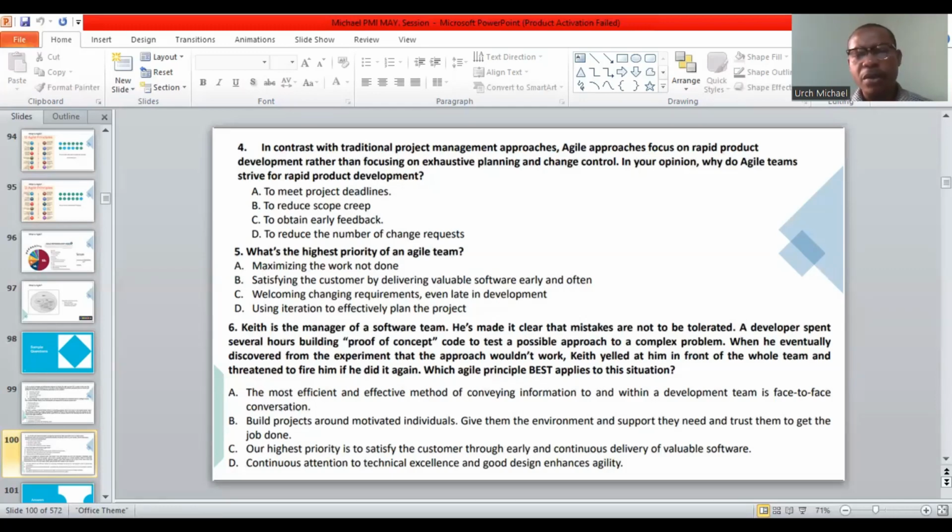Continuous attention to technical excellence and good design enhances agility. Looking at this, I think the best option is option A, because Kate yelled at him in front of the whole team and threatened to fire him if he did it again. That is not the right approach. The right thing to do would have been to discuss with this person face to face, manage the situation together and solve this problem.